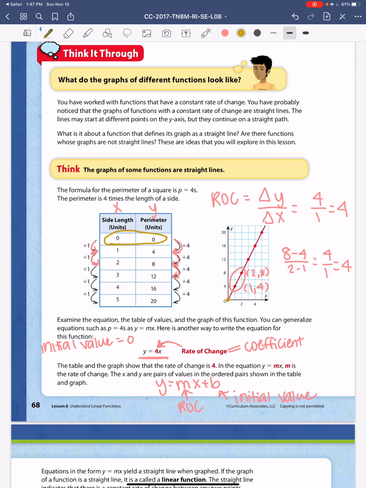So initial value is your b in your equation, your starting output. In your graph, and it's going to be your starting output when x equals 0 in your table. So that's just a brief review of lesson 7, starting off lesson 8.